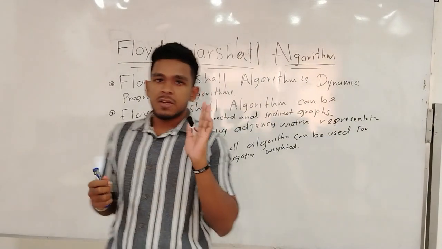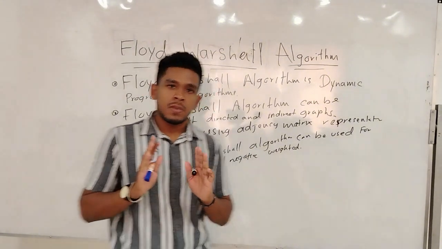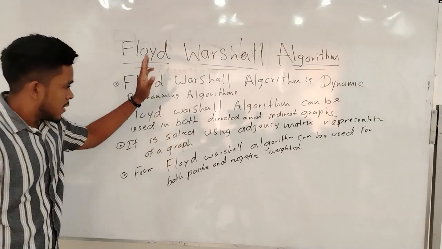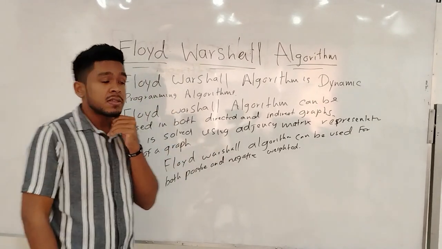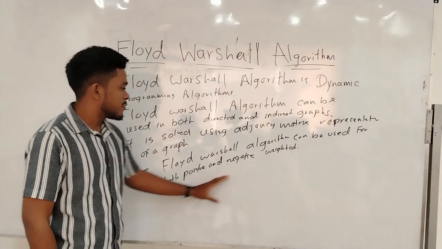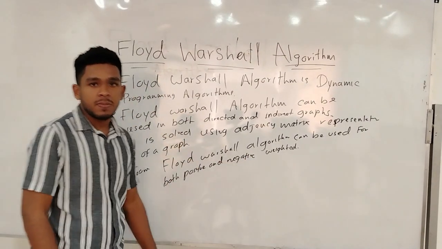Not like Dijkstra's algorithm. In Dijkstra's algorithm, only positive weights can be used, but in the Floyd Warshall algorithm, both positive and negative weights can be used.